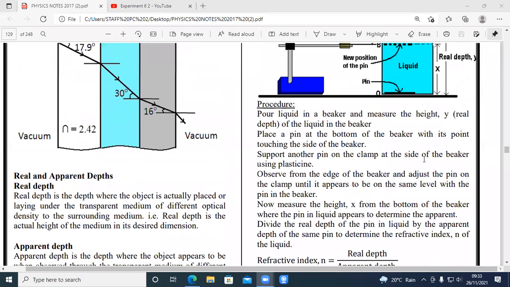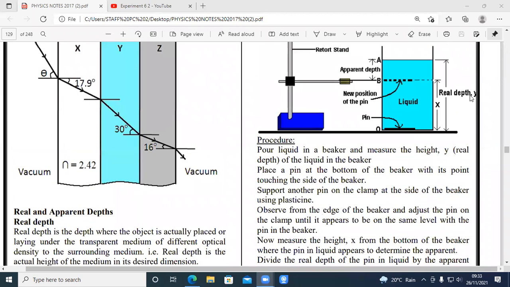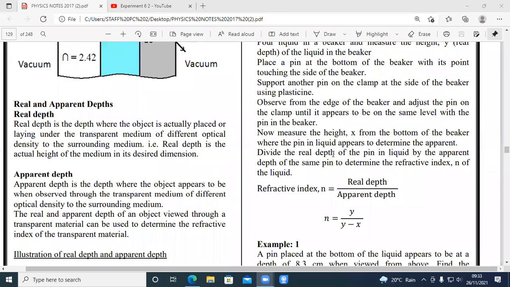Our real depth is Y. What about apparent depth? Remember, X is the apparent displacement. So apparent depth will be Y minus X. Then our refractive index n will be equal to Y over Y minus X.